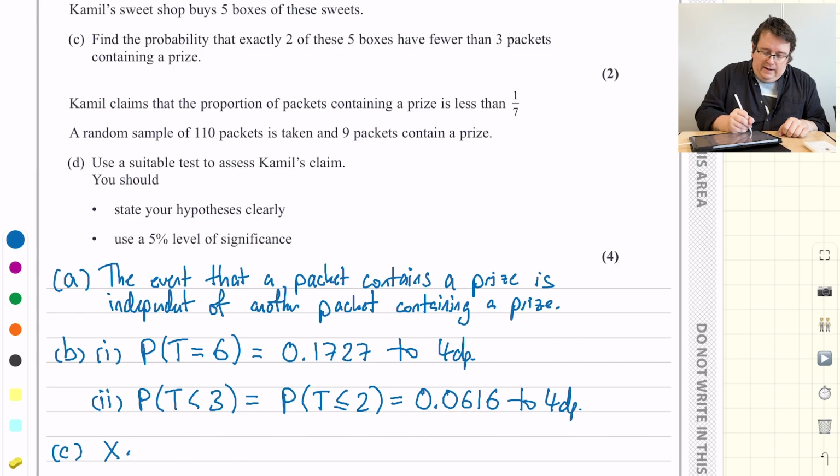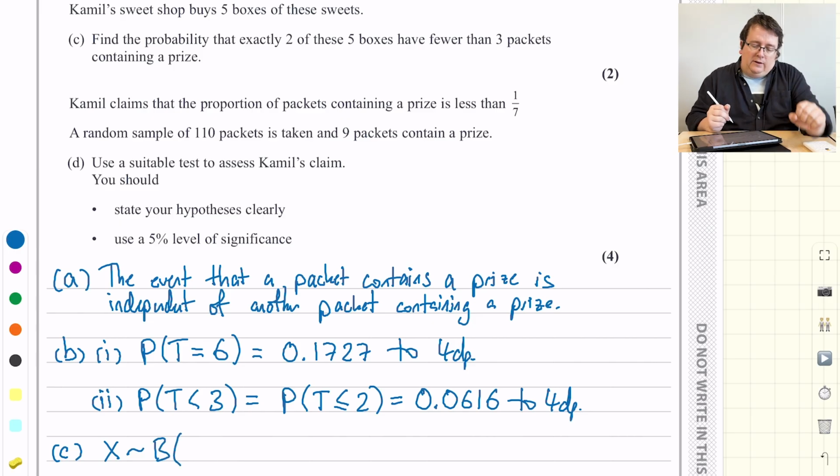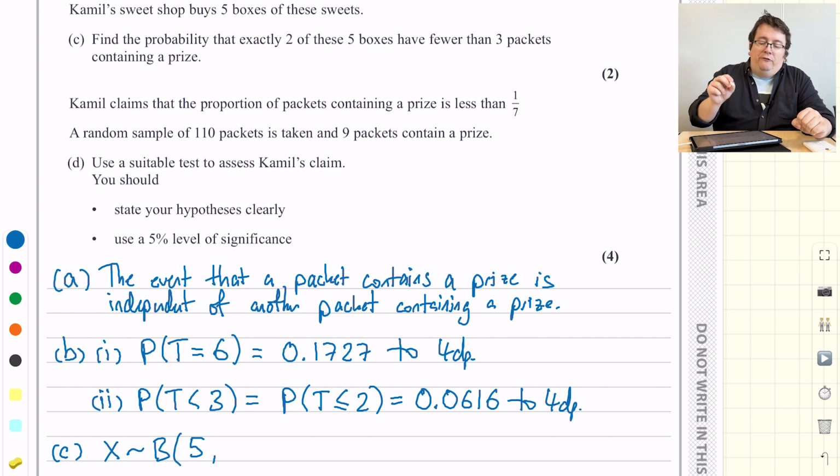X is a binomial distribution, and there are 5 boxes of the sweets. We want the probability that exactly 2 of the 5 boxes have fewer than 3 packets containing a prize. The probability that fewer than 3 packets contain a prize is the answer you got for B part 2. So that's the probability that's going in here.